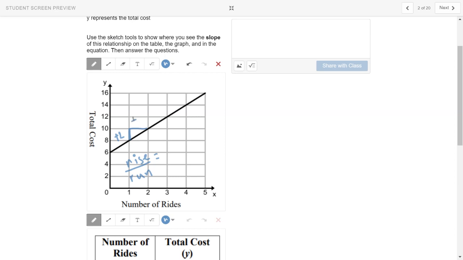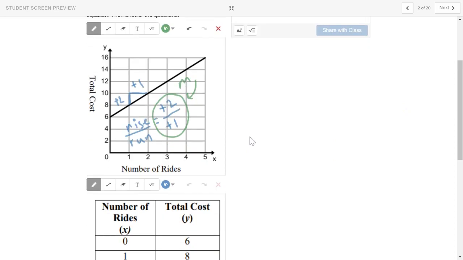That's an increase of 1. So the rise is plus 2. The run is plus 1. So that's the slope. The slope is 2 over 1, or just 2, it's fine, because 2 divided by 1 equals 2.